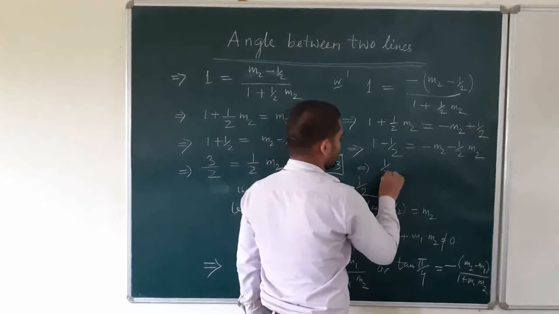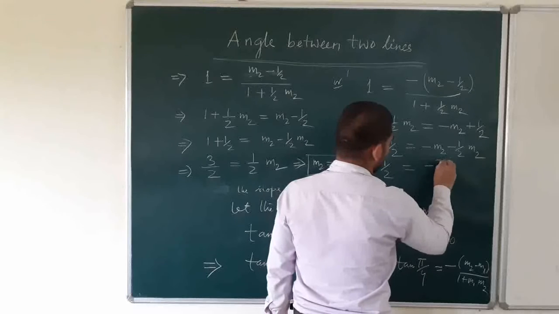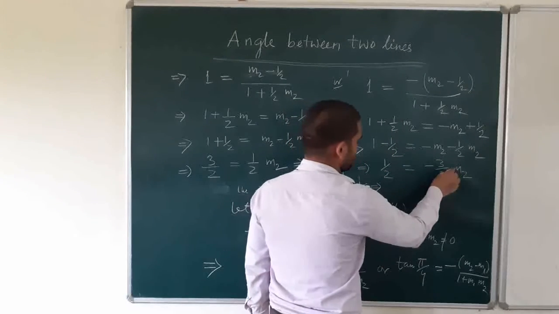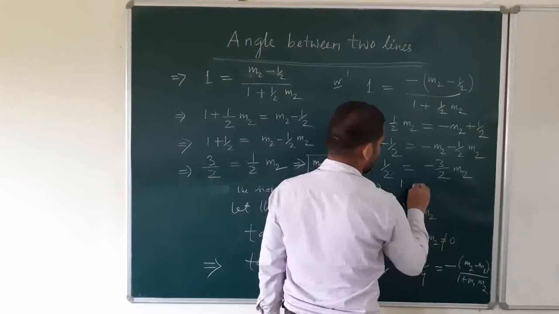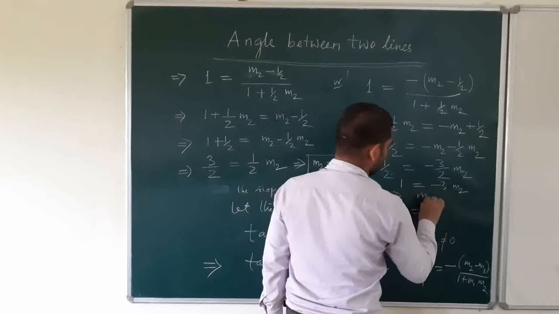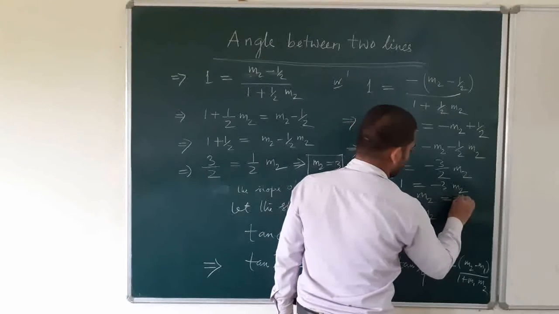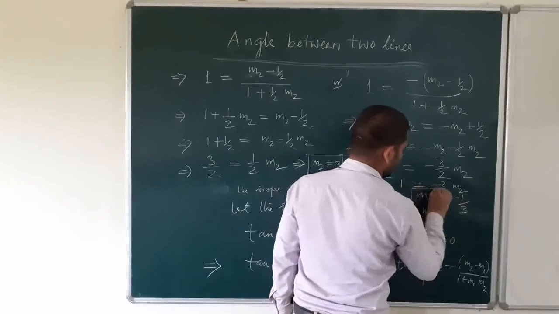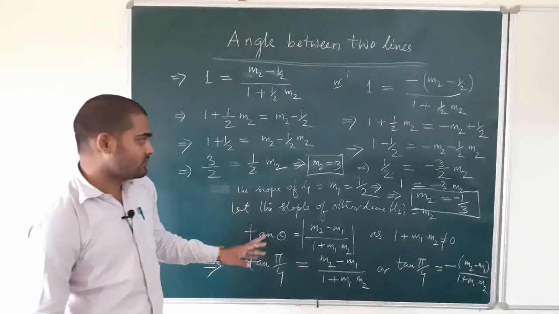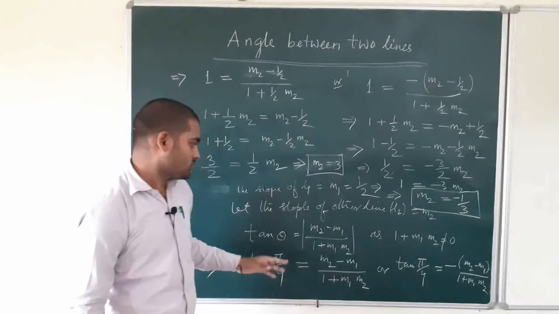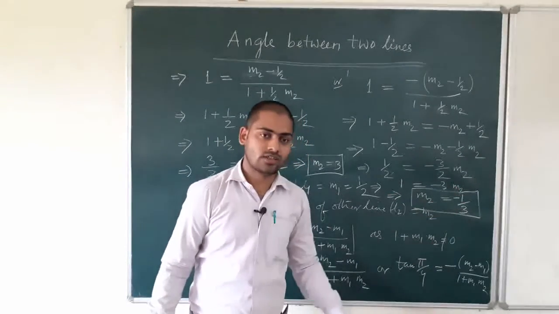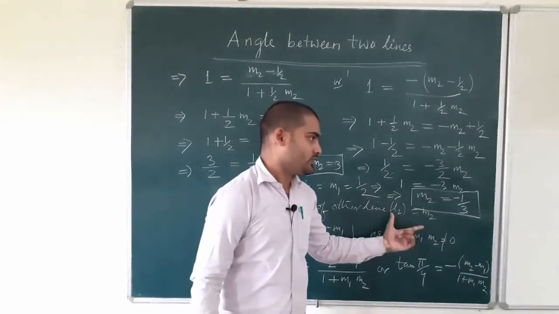This is equal to 1 by 2, here you get minus 3 by 2 m2. Then the 2 cancels, and we get 1 is equal to minus 3 m2, so m2 is equal to minus 1 by 3. So we have two slopes, that is 3 and minus 1 by 3 for the line L2.